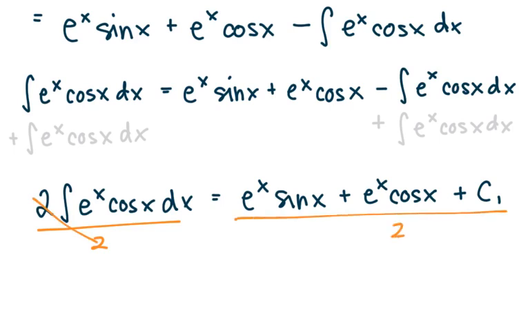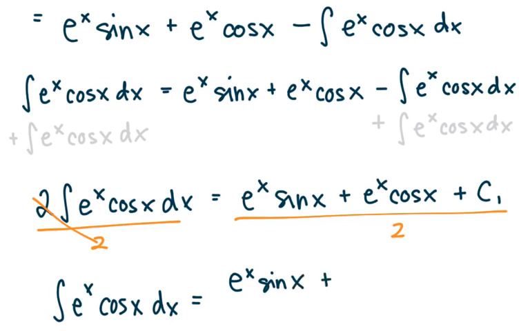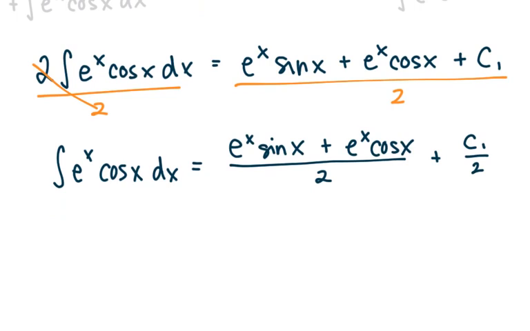This tells me the integral of e to the x cosine x dx is going to equal e to the x sine x plus e to the x cosine x over 2 plus this arbitrary constant divided by 2.